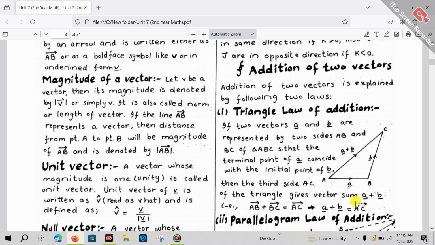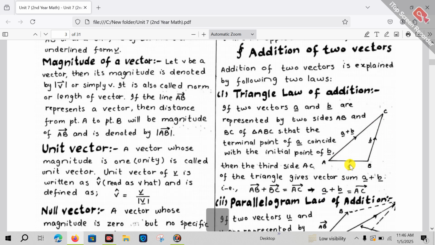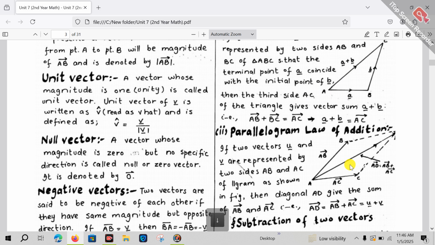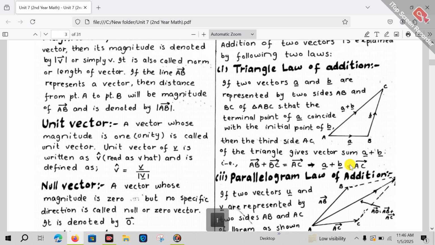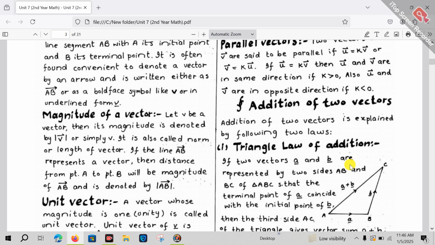Now look at this, we are saying that this is vector a, this is vector b. The head of the first vector meets with the tail of the second vector, then their vector sum is given by a plus b, or in simple words we can say that AB plus BC is equal to AC vector. So this is known as the triangle law of addition of vectors. This is one way to find the addition of two vectors.